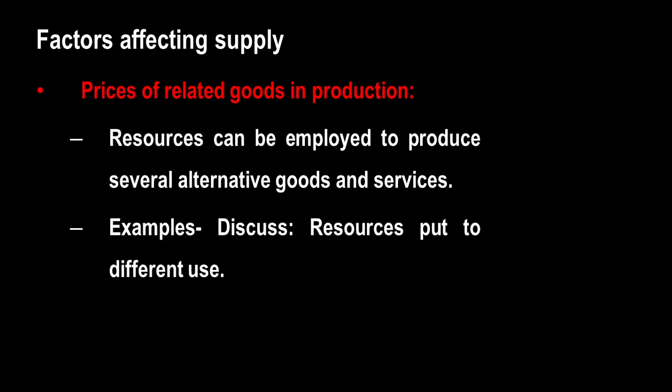Okay, now moving on to the second important factor, that is prices of related goods in production. Resources जो है that can be put to different use, as I told you just now, alternative uses, be it steel, be it electricity और पेट्रोलियम प्रोडक्ट, जो भी ले लो आप, सबका मल्टीपल यूज़ है. किस चीज़ के लिए कि आप इस्तेमाल करोगे, you will produce those things where the returns are more, right?